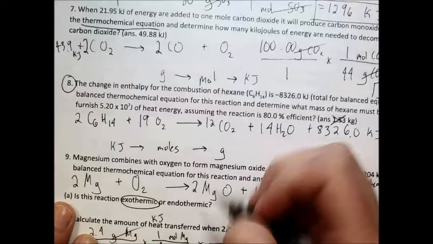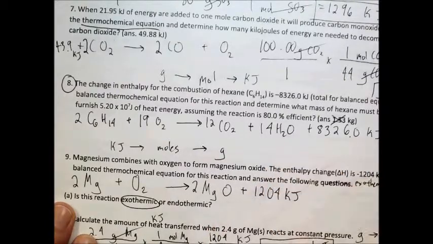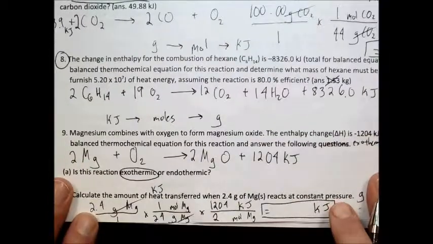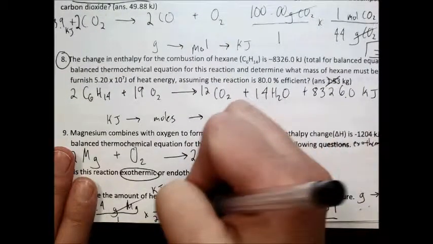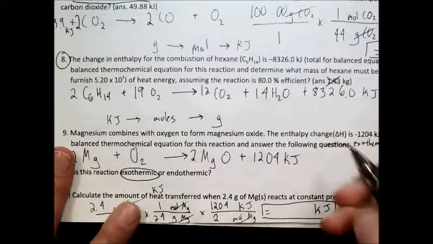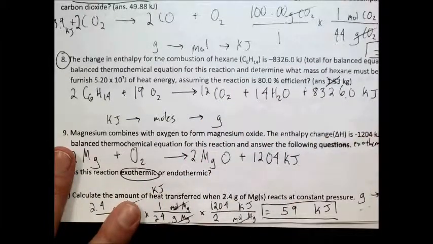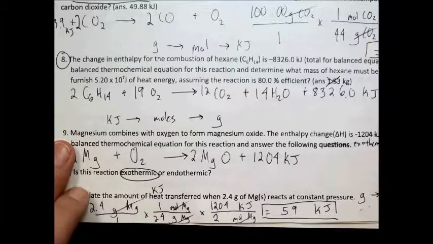So let's fill those numbers in. 1,204 kilojoules for every 2 moles of magnesium. If you plug those numbers into your calculator, you are going to get about 59 kilojoules. 59 kilojoules are transferred if you started with 2.4 grams of magnesium.